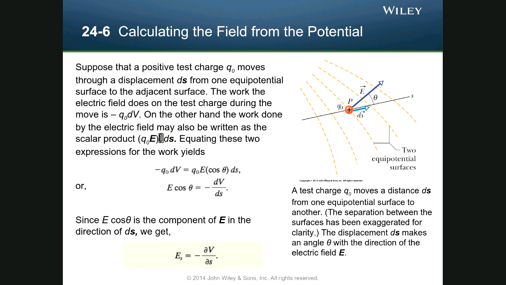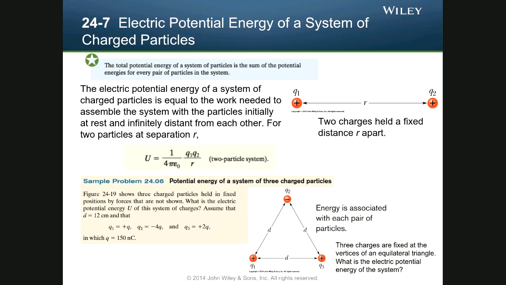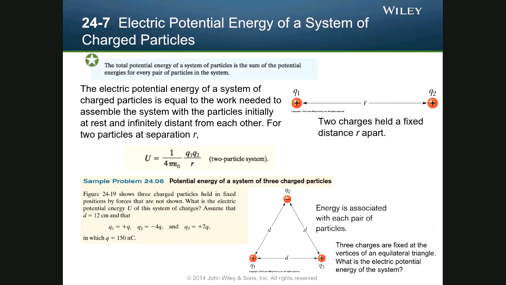And finally, we got to the potential energy of a charged system, noting that when we looked at the potential energy, we would have to look at every pair in the system. So basically for a system of point charges, you'll have 3 terms.